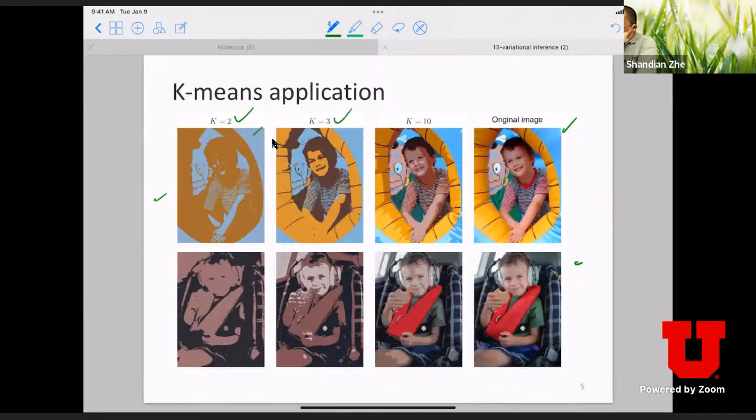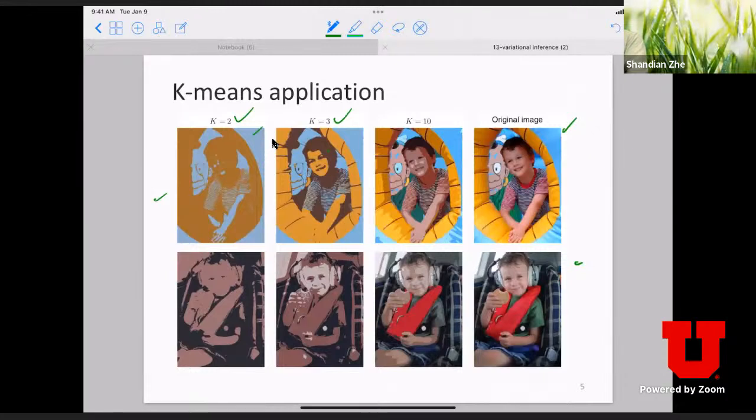If you set the number of clusters to be 3, you get more fruitful meanings of those clusters. You get the brown pixels that represent the hair of the boy, and also some nearby background to his clothes and so on.